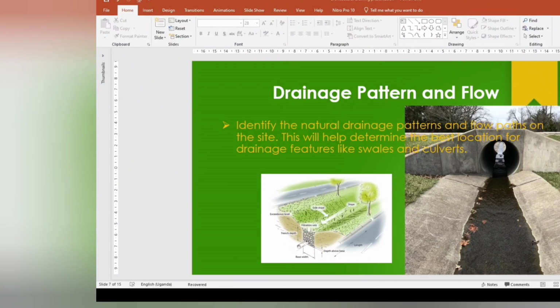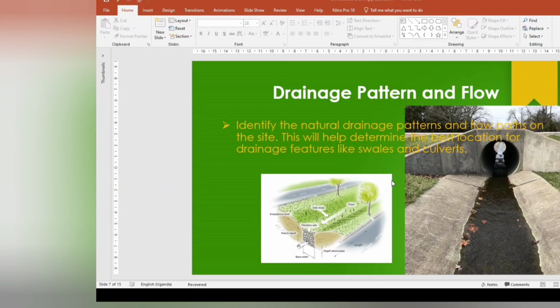The advantage of permeable surfacing is that water drains from the surface quickly and reduces the likelihood of ponding on the surface. So this is another important thing to look at before you design a drainage plan.